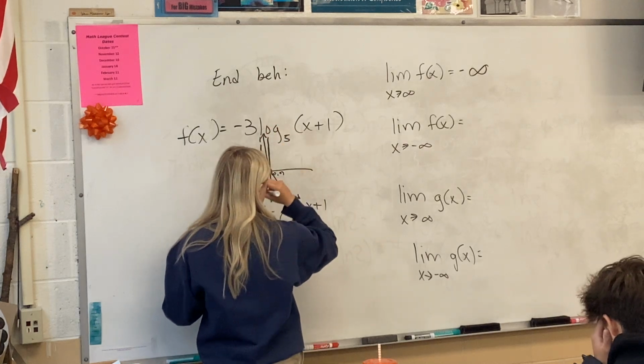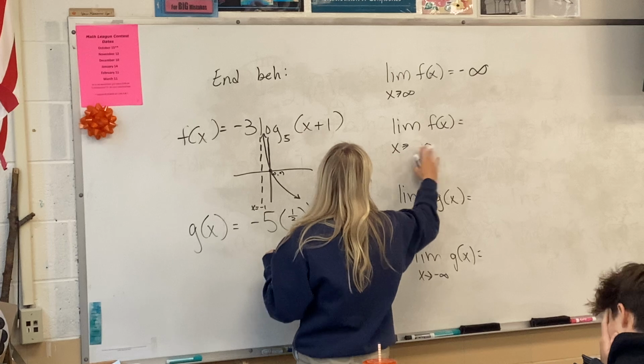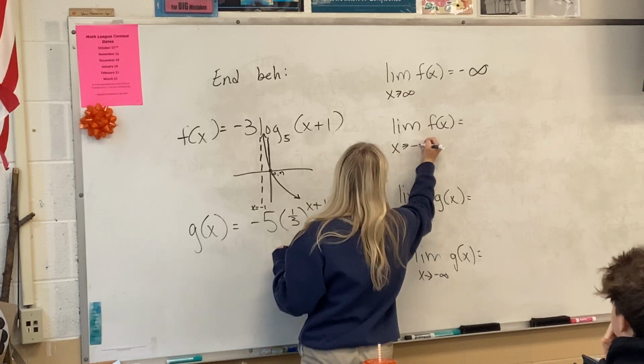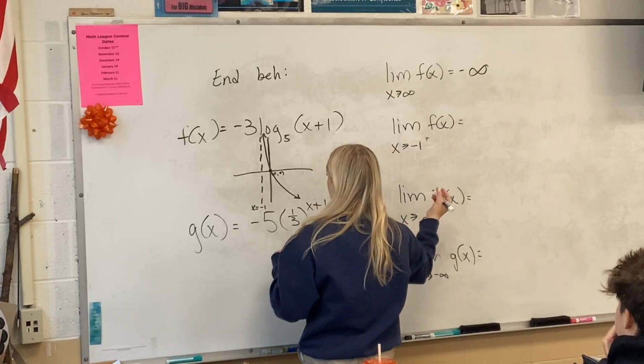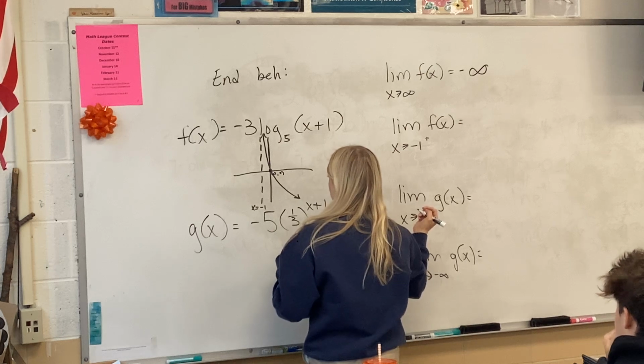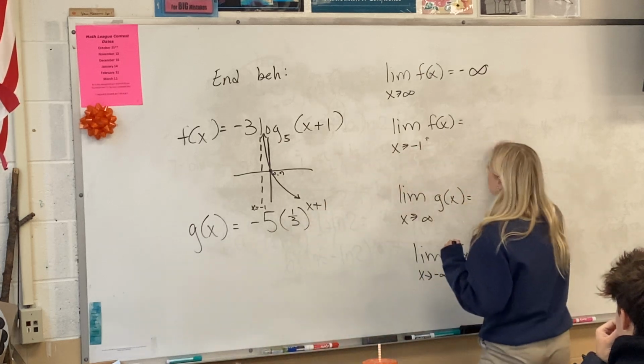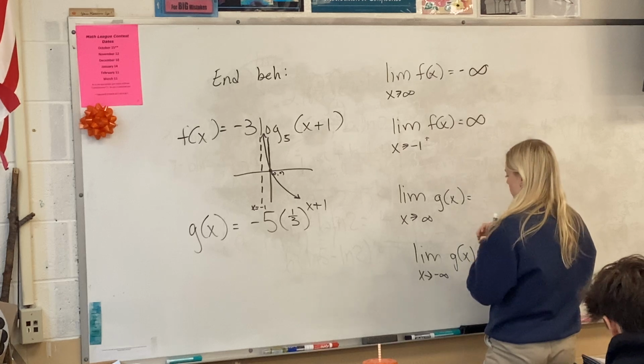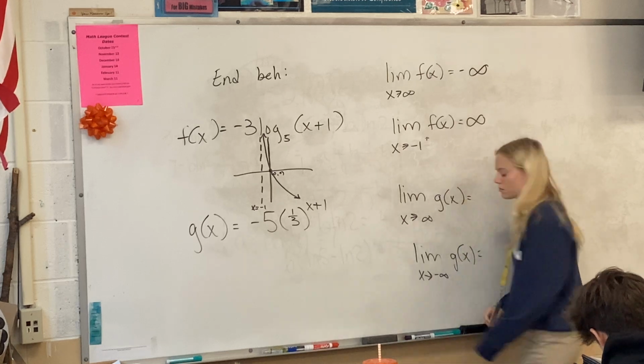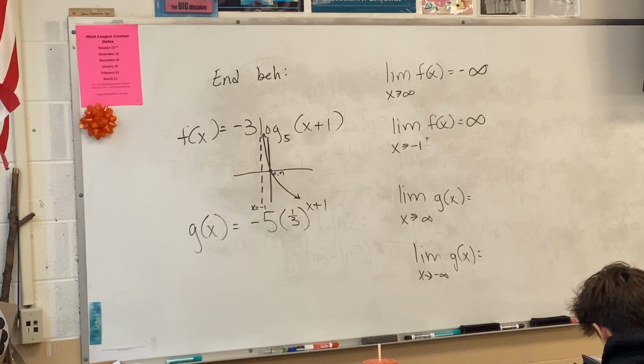Does that make sense? Yeah, because of the negative out in front. Her base is 5, so it would be normal, except the -3 turns it upside down. Notice she changed her left end behavior to not be negative infinity anymore. She changed it to be -1, because that's where our asymptote is. That looks really good to me. I'm good with that. What about the rest of you? Are you okay with that?